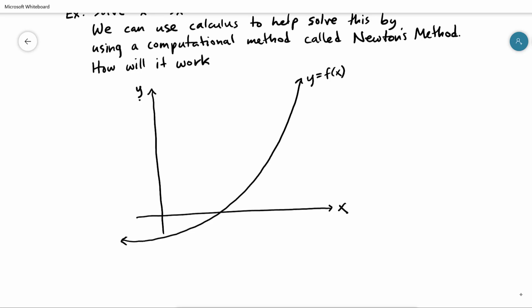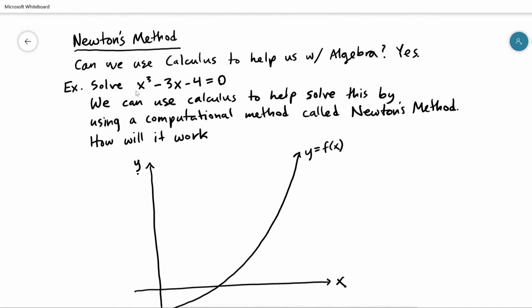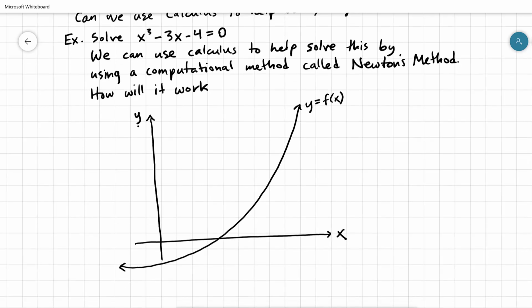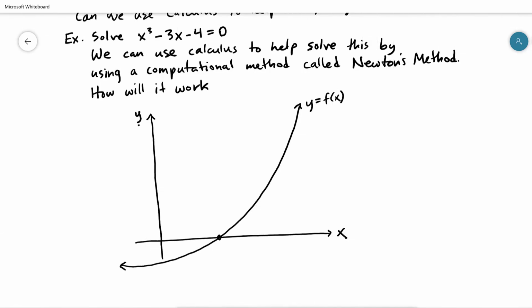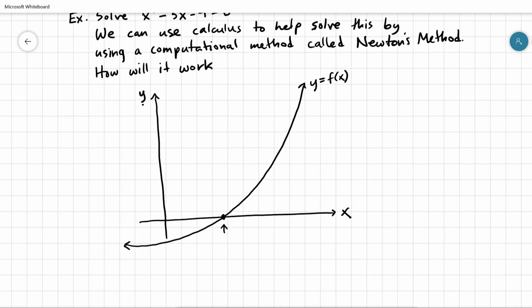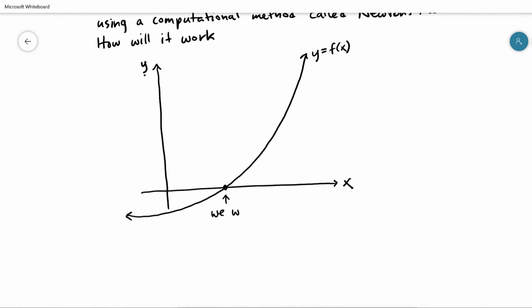So if we look at the equation that we have up here, we've got some sort of f of x, in this case a cubic, set equal to 0. And graphically what that means is we're looking for the zeros, the points where the graph itself goes through the x-axis. So basically we want this point. So we want the x-intercept. This is where f of x is equal to 0. This is what we're trying to solve. So how do we do that?